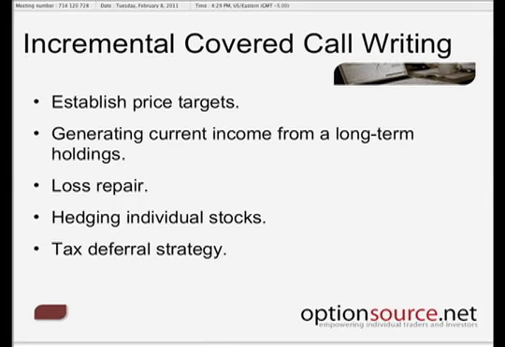But generating income off of long-term holdings: if you intend on owning these ETFs, but you notice that this ETF follows a channel, whether an upward rising channel or a sideways channel, and you can relatively identify when the market rallies to the top end of the channel before it pulls back to the bottom of the channel, every time it's at the top end of a channel, you can sell a covered call at the higher strikes and collect a few percent.